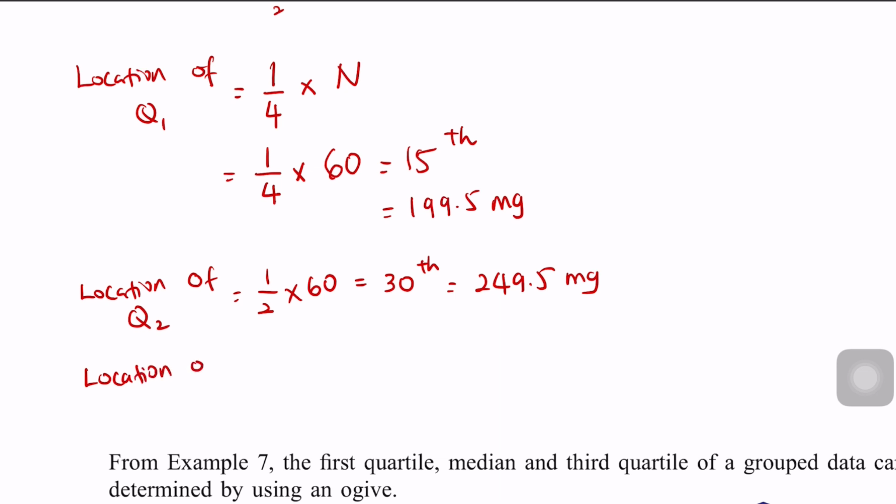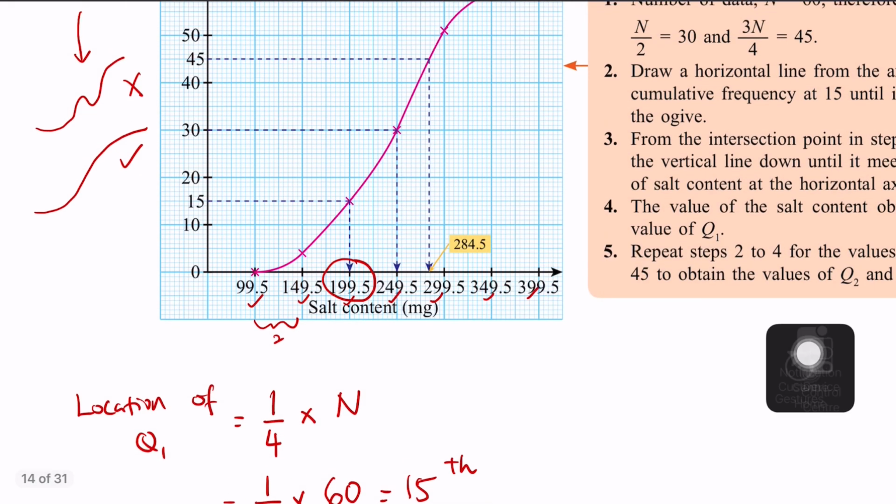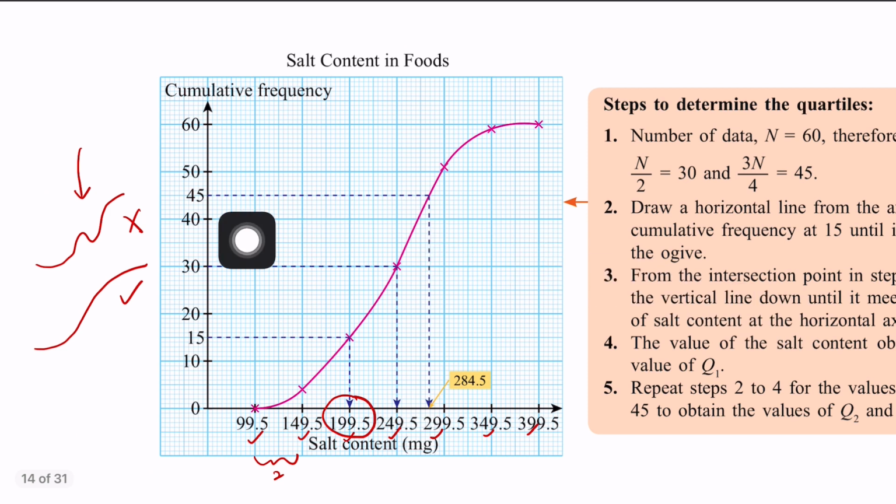Okay, and last one, location of Q3. So 3/4 times 60, kita akan dapat 45. So 45th data. Okay, so cari balik daripada soalan. So 45th data kena sini, turun bawah.